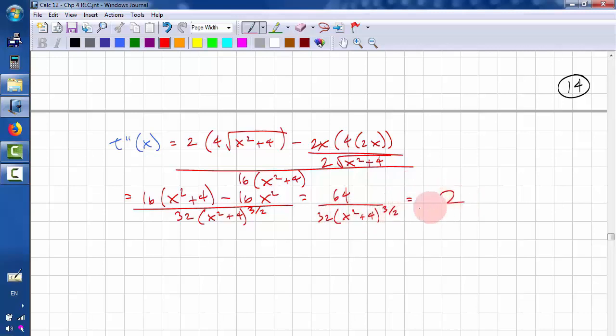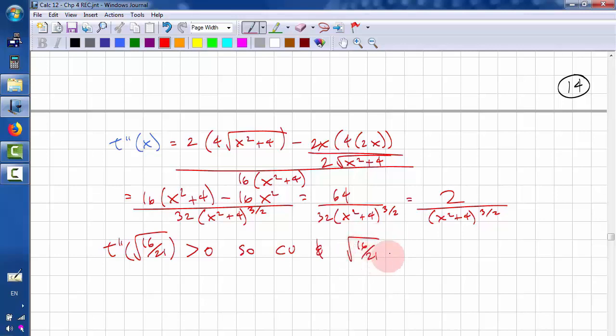That simplifies to 2 over x squared plus 4 to the power of 3 over 2. Okay, and then you'd have to do t double prime of square root of 16 over 21. We can look at this and we just know that it's positive. So concave up, and square root of 16 over 21 is a minimum.